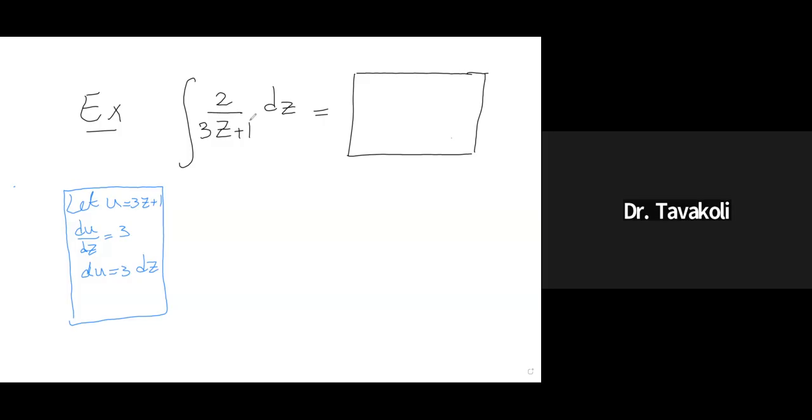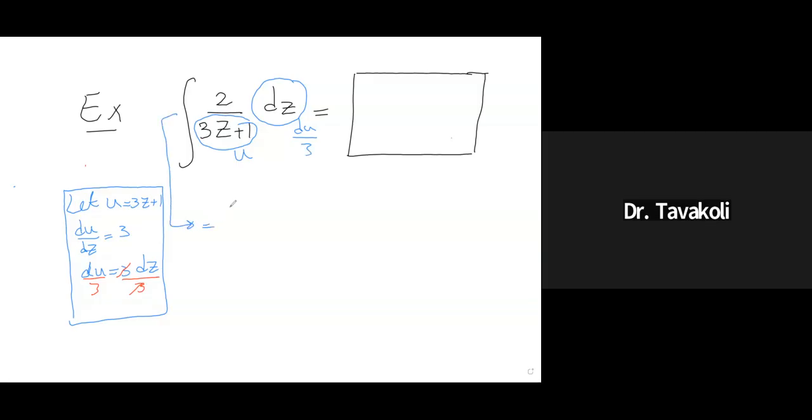So far I know that this denominator is the new variable u, and I want to know what dz is in terms of du. Here, if I divide both sides by 3, dz is going to be du over 3.